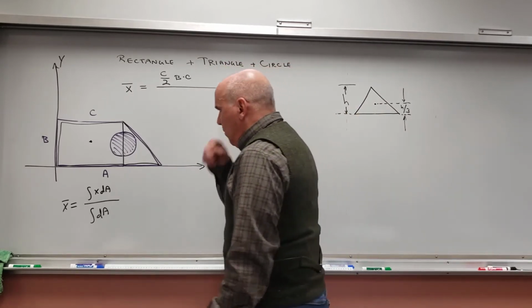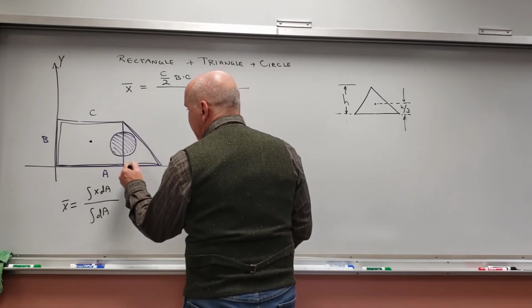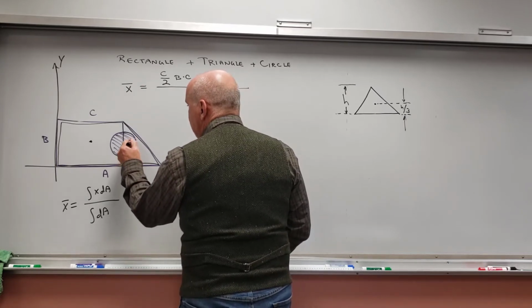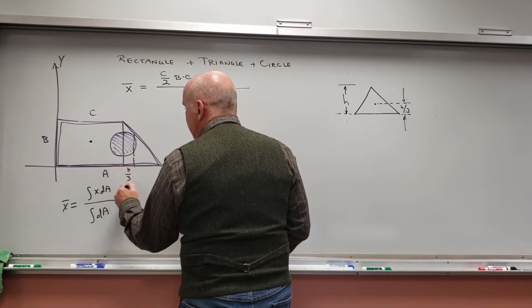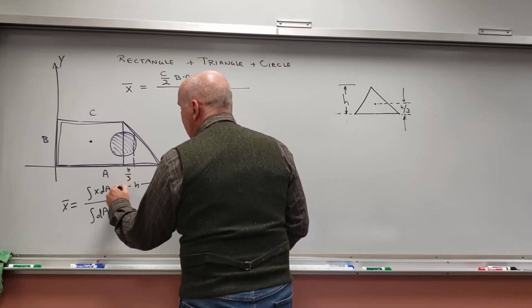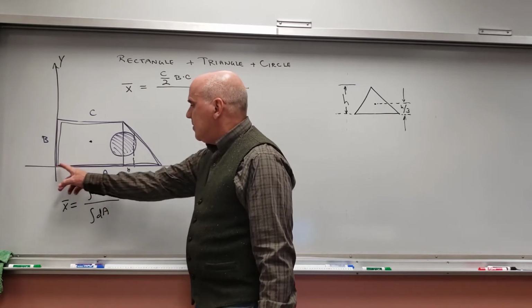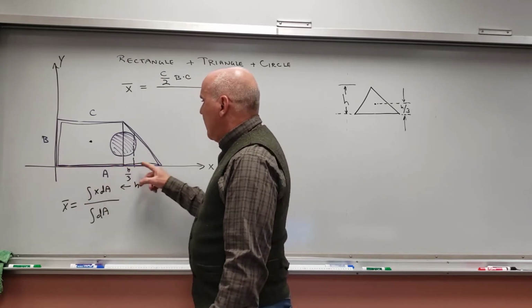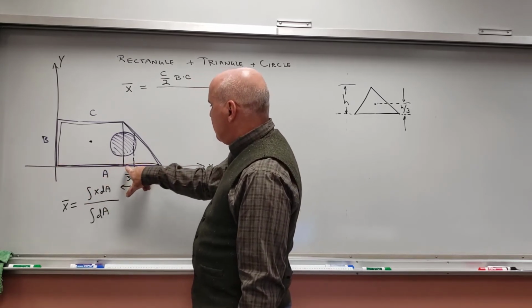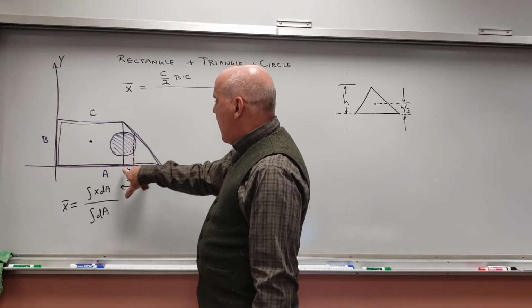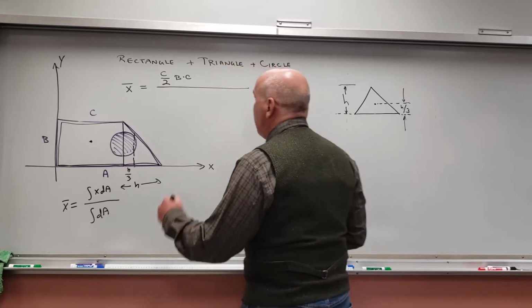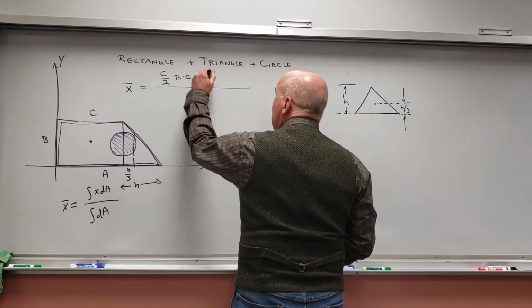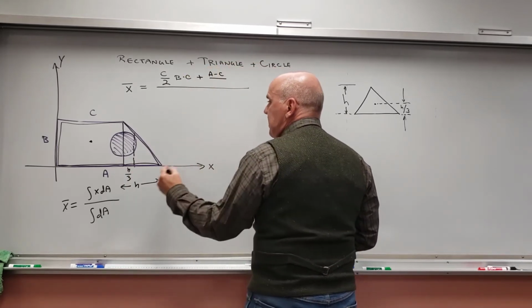As I'm looking for the x centroid, I'm going to have it somewhere in this area where this is h over 3 and this is h. Well, I can find h, right? This is a, and this much is c. So this distance in here must be a minus c. So I'm going to say plus a minus c, and then I divide that by 3.